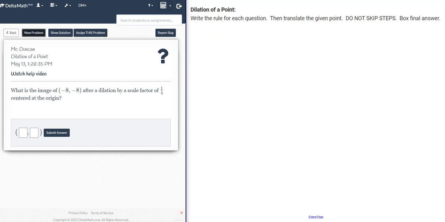Okay, write the rule. So my rule for this is going to be x comma y will be transformed. I'm going to take my scale factor, which is 1/4. I'm going to multiply it by whatever I get for x, and then I'll multiply 1/4 by whatever I have for my y. First line is my rule.